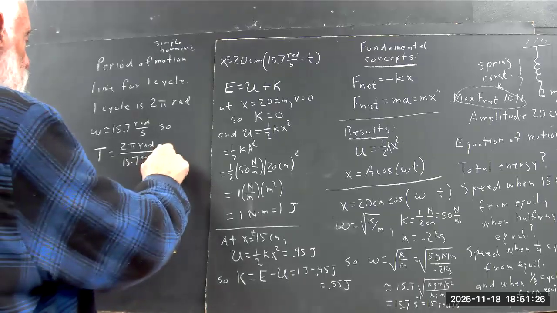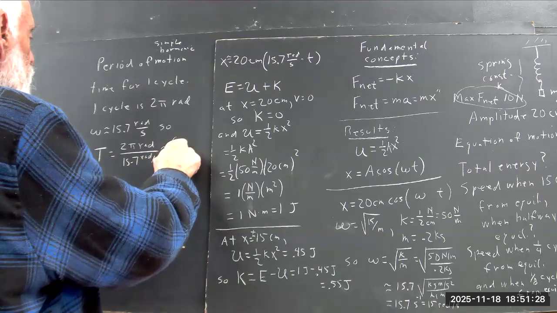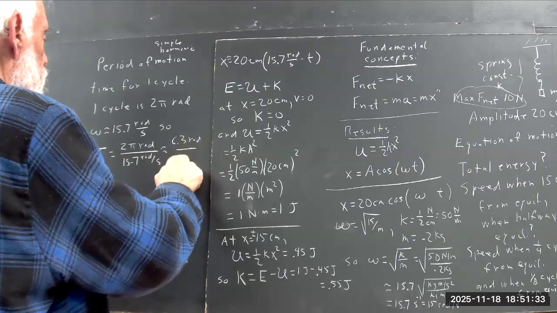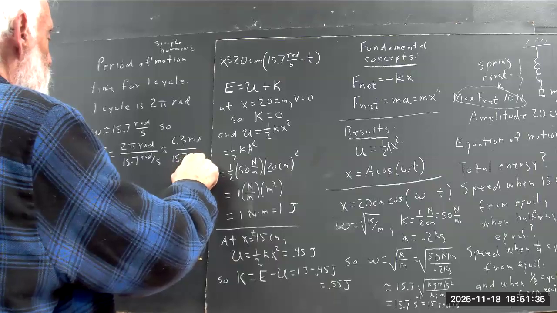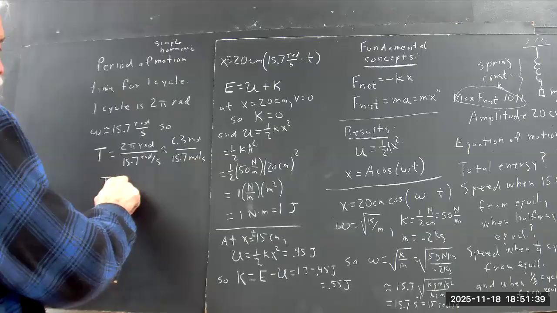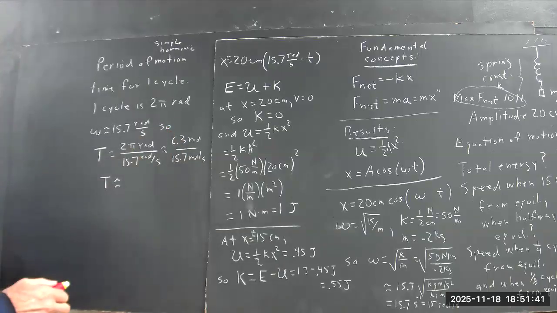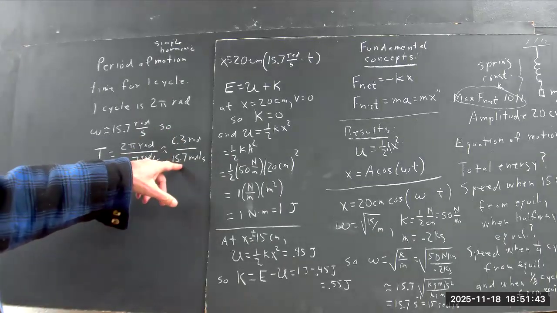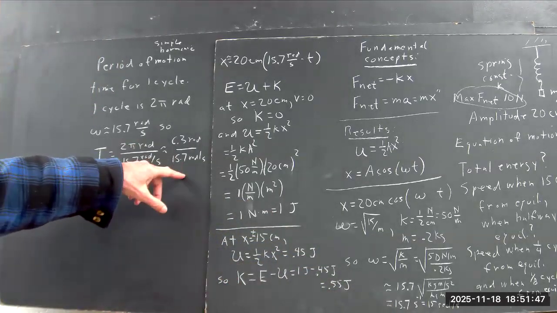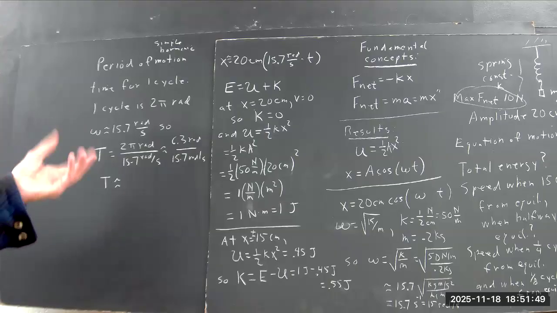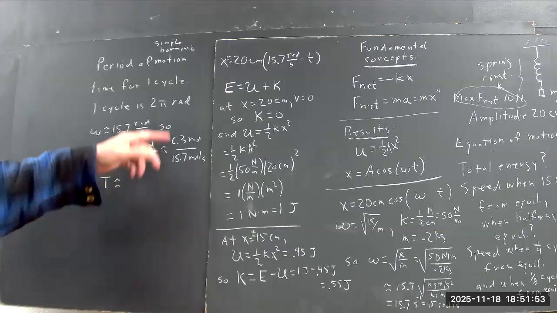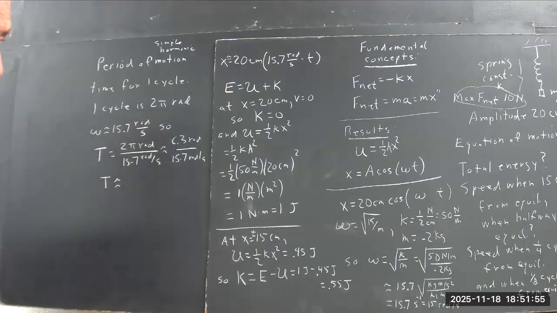Okay, well, that's approximately 6.3 radians divided by 15.7 radians per second. And I'm going to use an approximation. Use your calculator. You'll get something more accurate than 15.7 when you calculate this. You're going to get something close to what I'm about to estimate. 16 into 63 is 4.